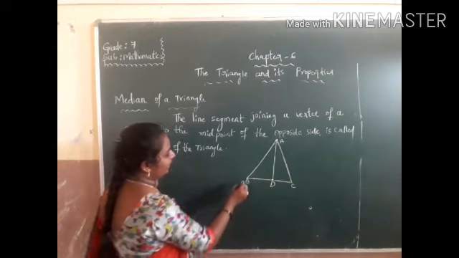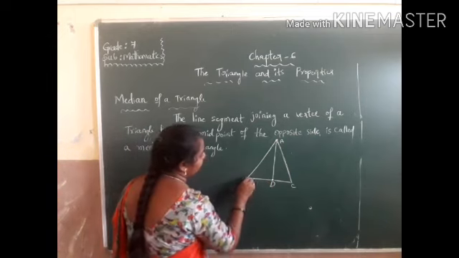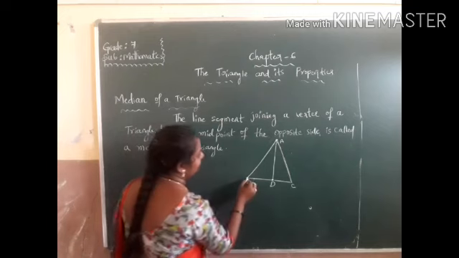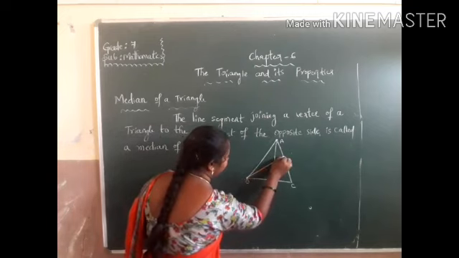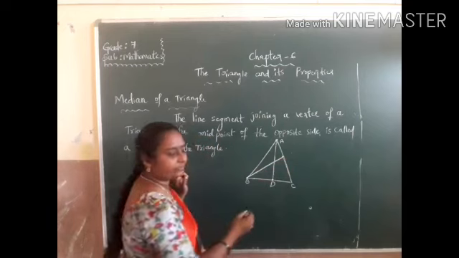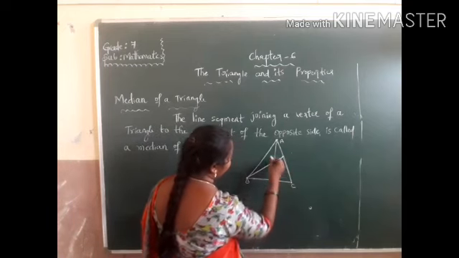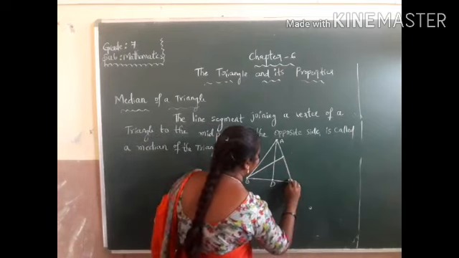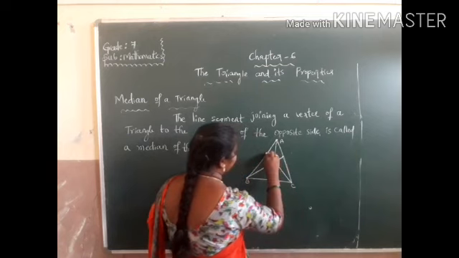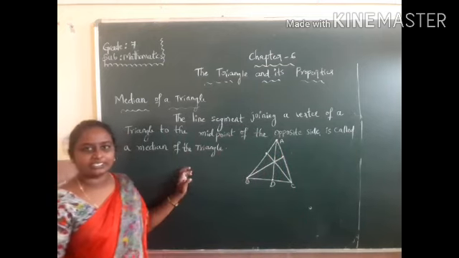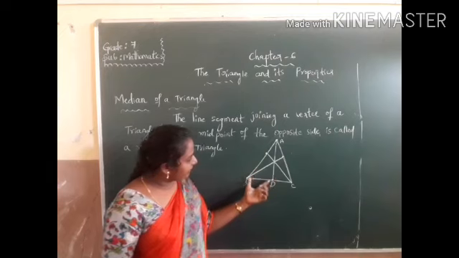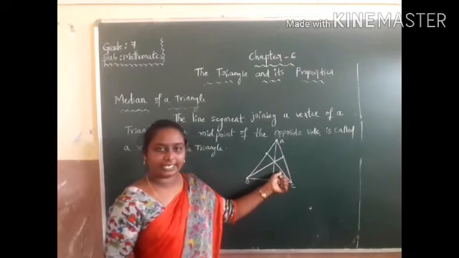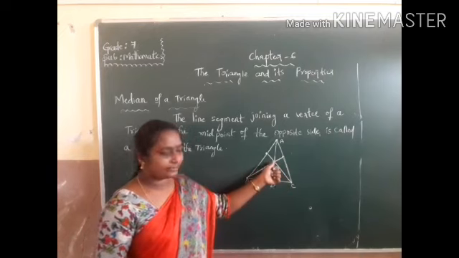What is the opposite side to vertex B? Yes, it is AC. What is the opposite side of vertex C? Yes, it is AB. So observe carefully, these three line segments meet at a point.